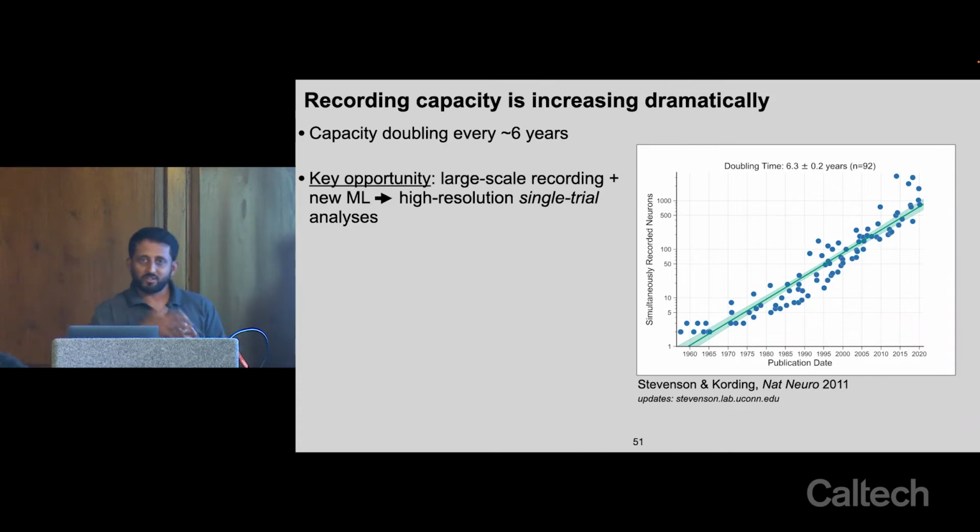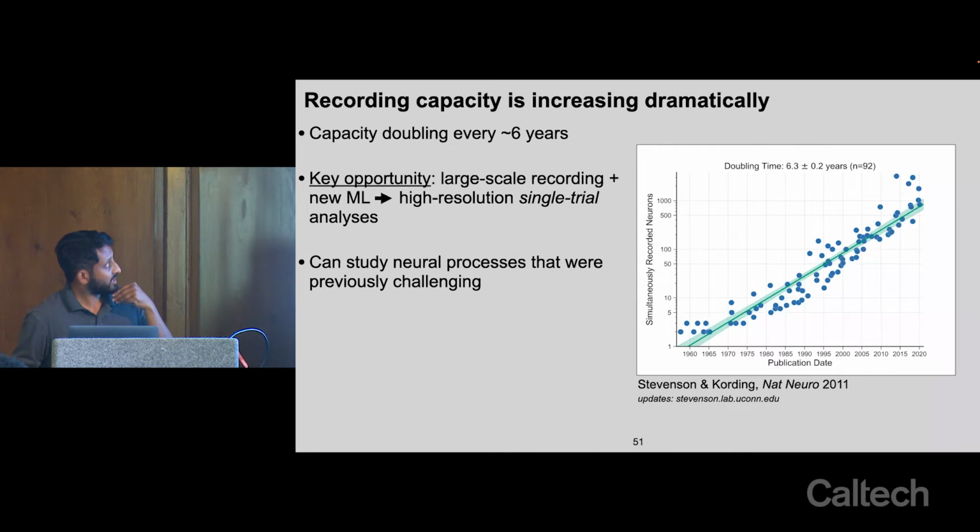We can combine large scale neural recording with new machine learning methods to do high resolution single trial analyses, meaning we don't have to average over many repeats of the same behavior in order to generate these population data. So that means we can study neural processes that were previously challenging to study.